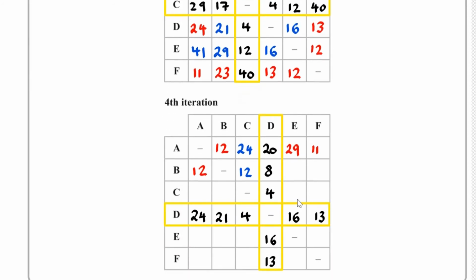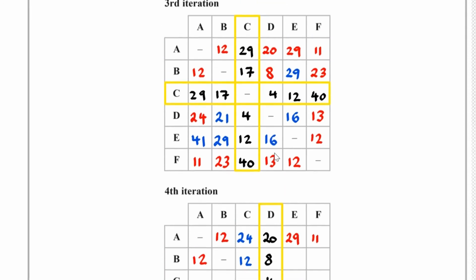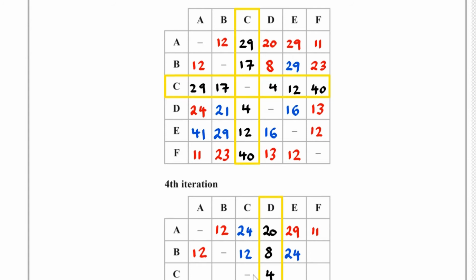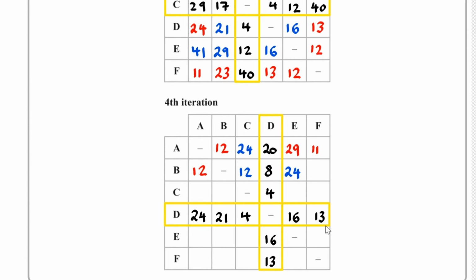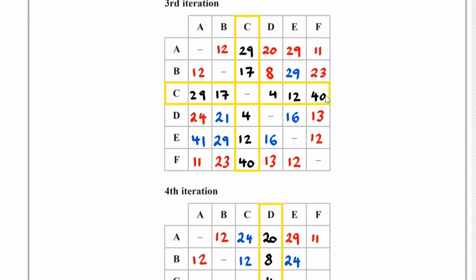We then compare 8 plus 16, which is 24, with the 29 here. 24 is smaller, so that changes. And then we compare 8 plus 13 with the 23.